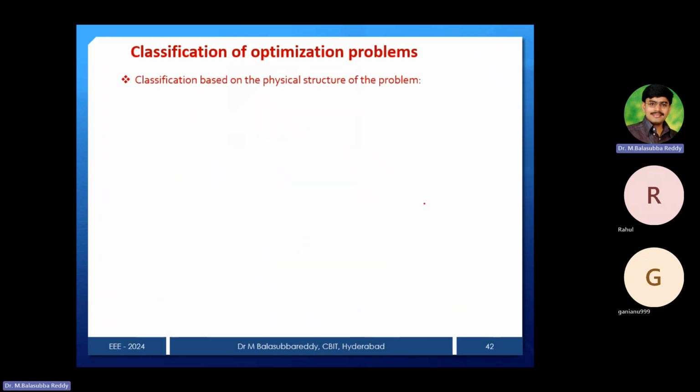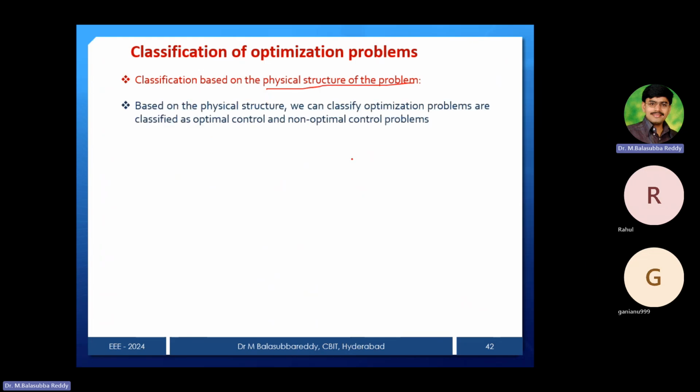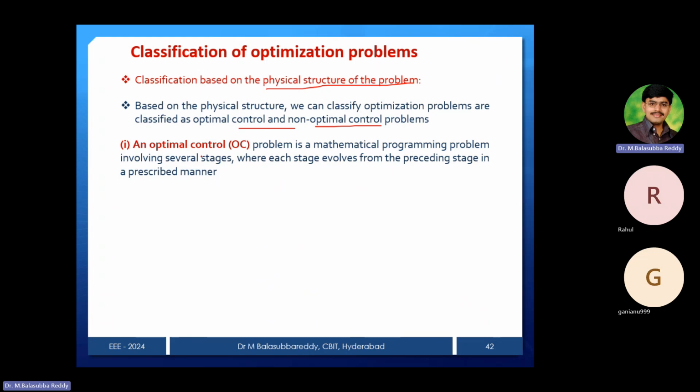So like that, we have different classifications now based on the physical structure of the problem. Based on the physical structure, we classify the optimization problem into optimal control and non-optimal control problems. In an optimal control problem, the mathematical programming problem involves several stages.